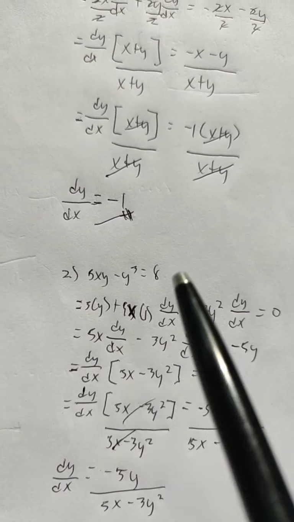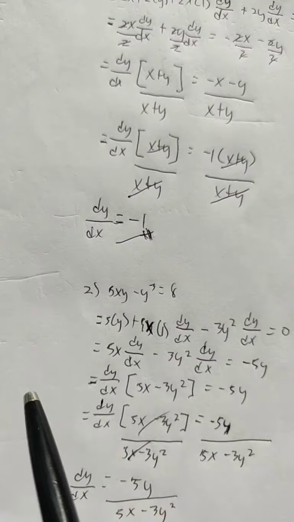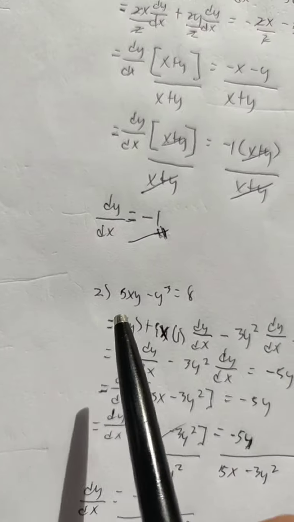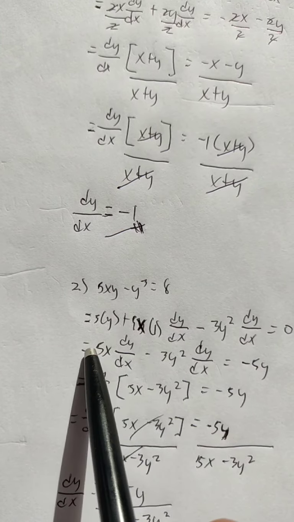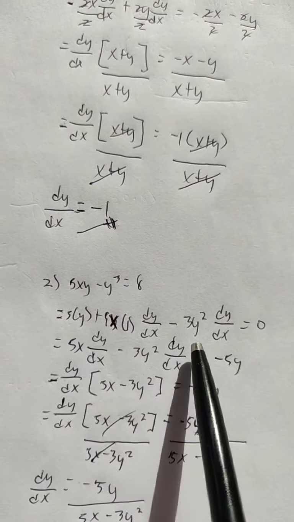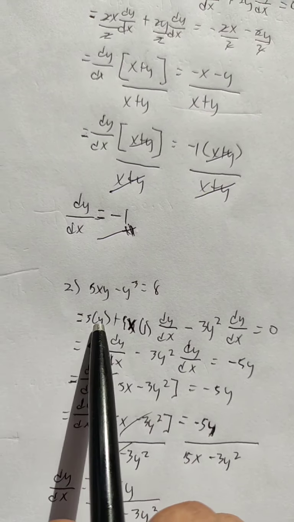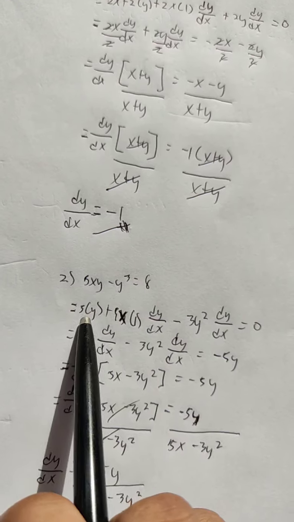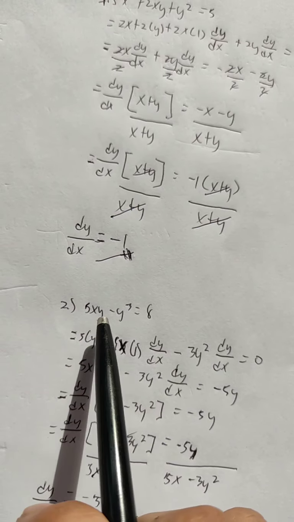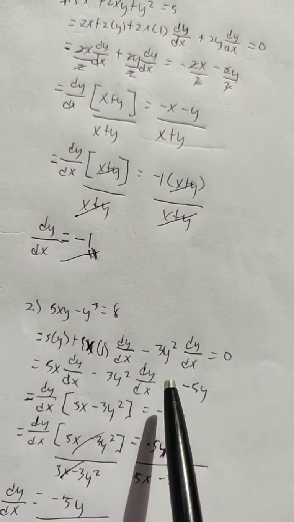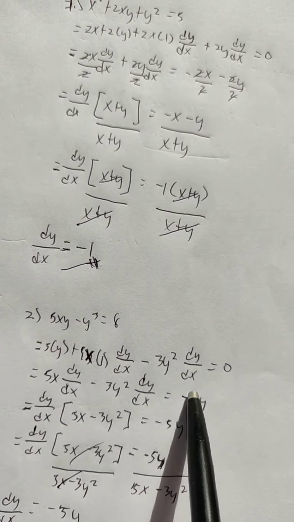So moving on, we will transfer all the dy over dx values out front. So this would be equal to 5x dy over dx minus 3y squared dy over dx. This equals the 5y here, because it's not a value of dy over dx, we're gonna transfer it to the other side, so its sign will change. That would be negative 5y.